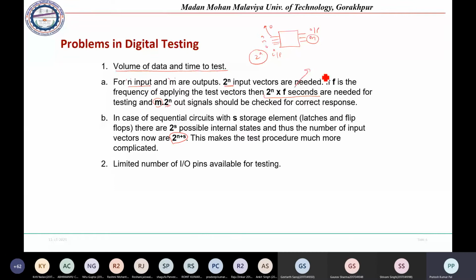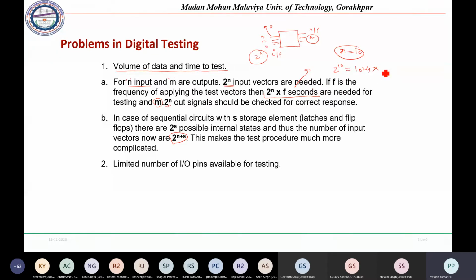Suppose for example n is equal to 10. Then 2 to the power 10 will be 1024. So that into, suppose one test input requires a particular input pattern of some time.